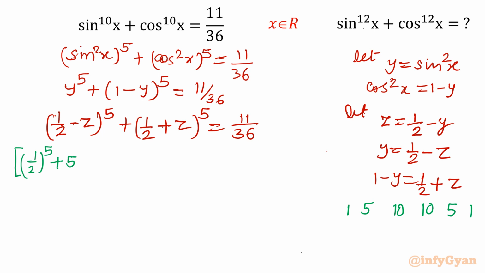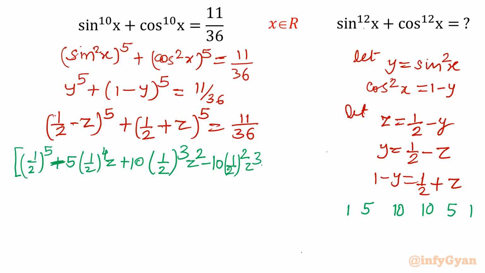So I will get half power 5 minus 1 over 2 power 4 times z plus 10 times 1 by 2 power 3 z square minus 10 times 1 over 2 square z cube plus 5 times half z power 4 minus z power 5. This is only the first bracket.